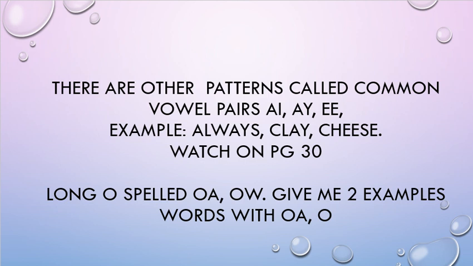I hope that you already did these exercises. If not, please do them after you finish this class. Let's see. Which one would these patterns be? They are spelled A-I, A-Y, E-E, and E-A, okay?